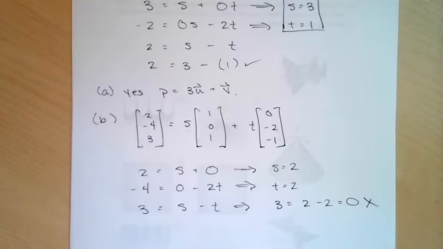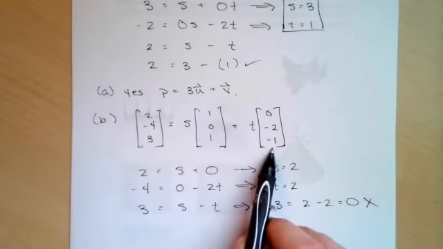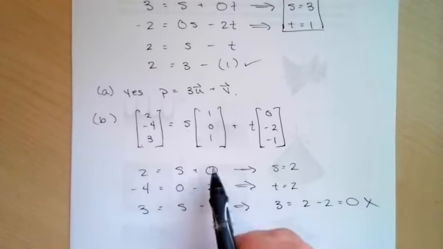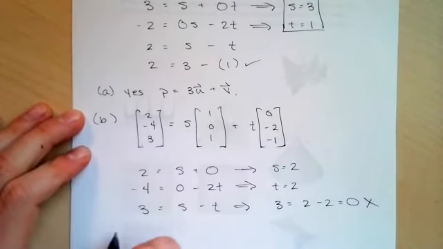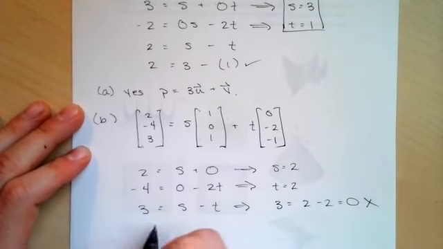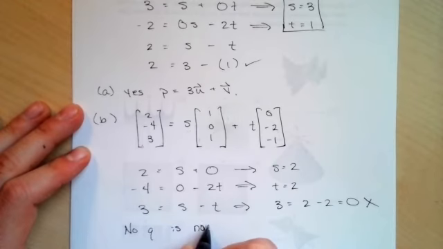So that wouldn't work. Since the first two equations dictated that S had to be 2 and T had to be 2, we see that if we walk 2 units of U and 2 units of V, that's about as close as we can get. We're never going to hit this actual point. And so since the system is inconsistent, this point Q is not on the plane.